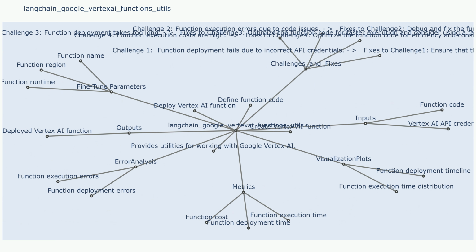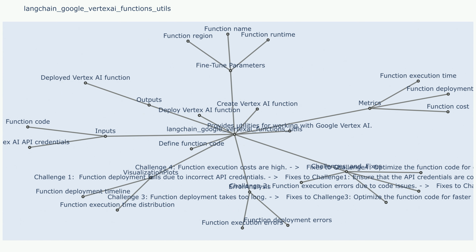Metrics. Function execution time. The module can track the execution time of your function to analyze its performance. Function invocation count. You can monitor the number of times the deployed function is invoked to understand usage patterns. Visualization plots. Function invocation timeline.